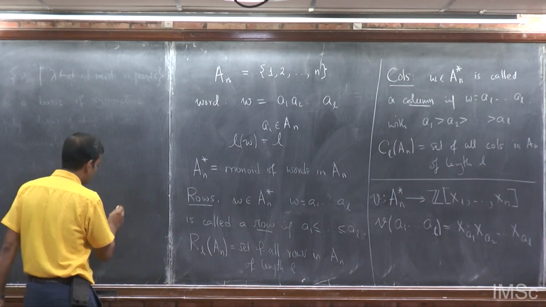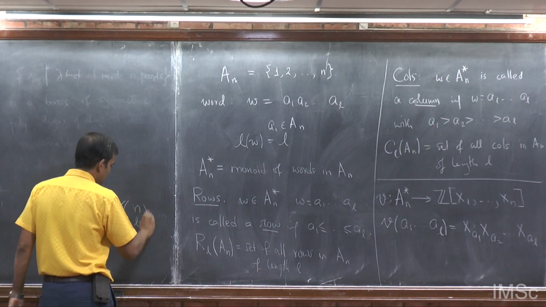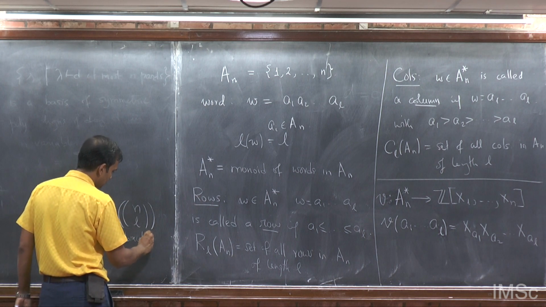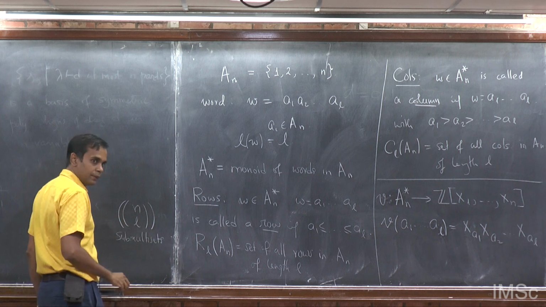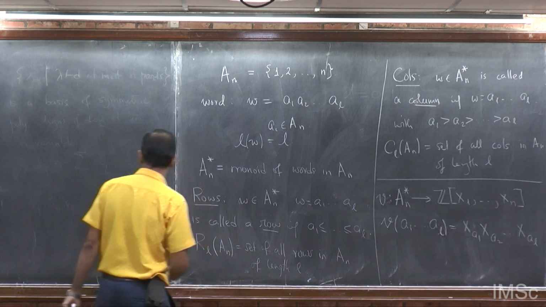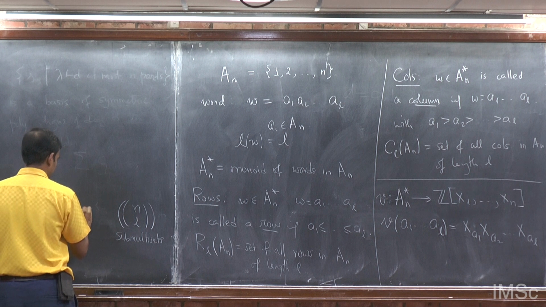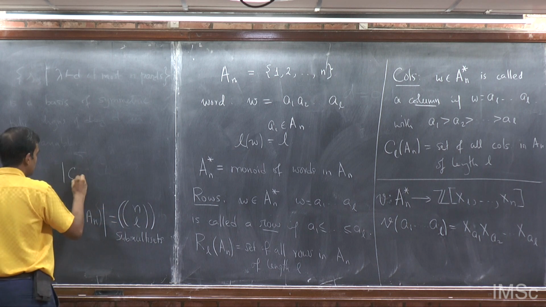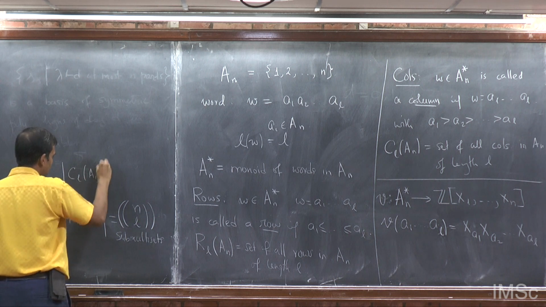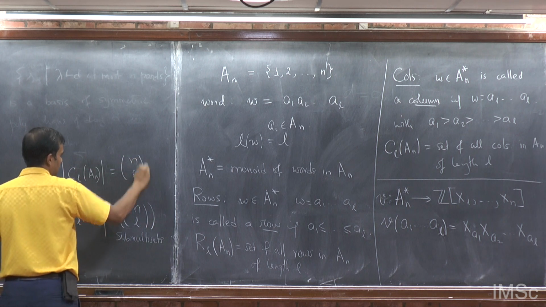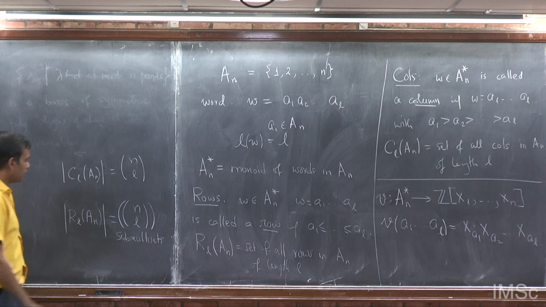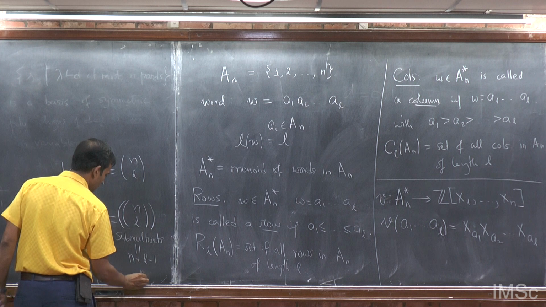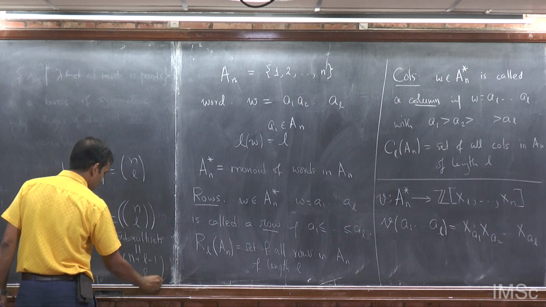So I usually denote that by n choose L. So these are sub multisets, and if you want C_L of n, then it is just subsets. Okay, and by the way, this is n plus L minus 1 choose L, or n over L.